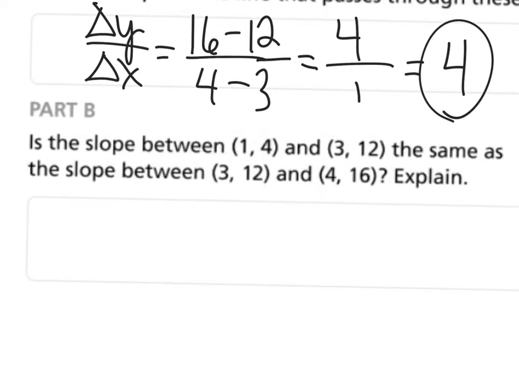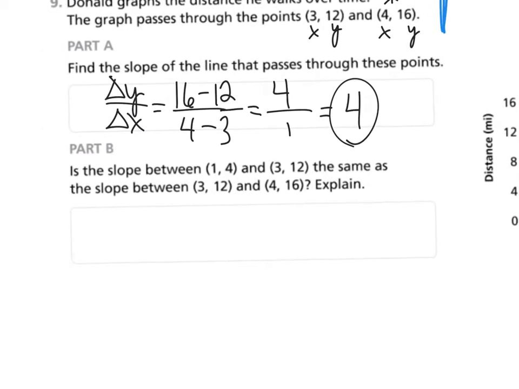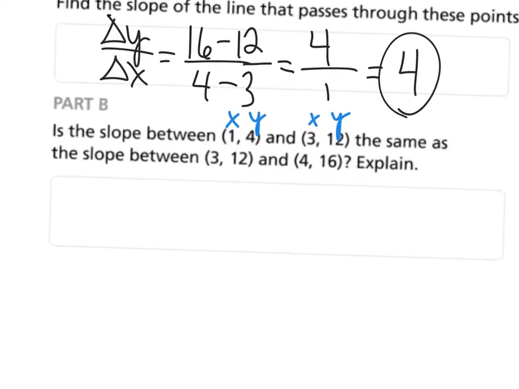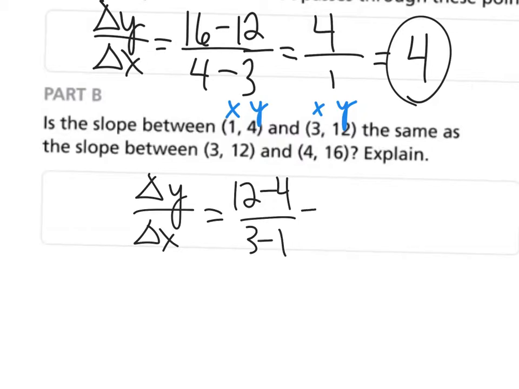And then this last part, they want to know if we did the slope between (1, 4) and (3, 12), whether we would get the same answer or not. So same idea. We could do 12 minus 4 over 3 minus 1, which would be 8 divided by 2.